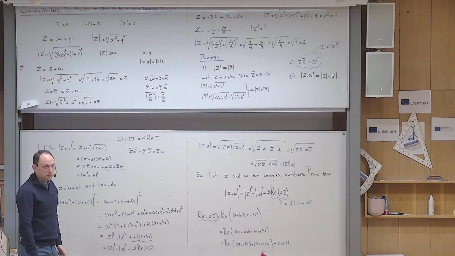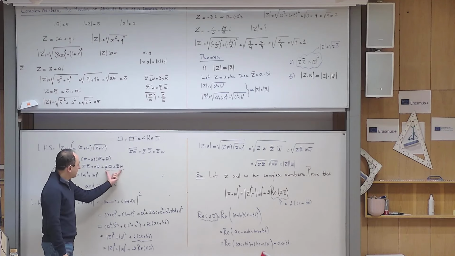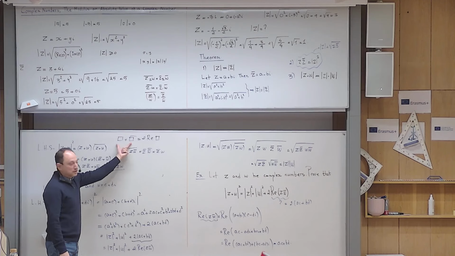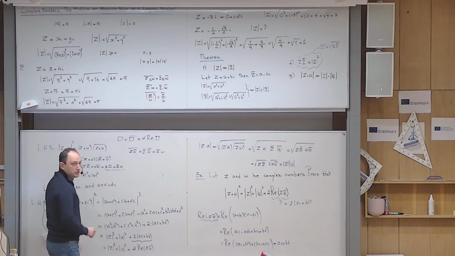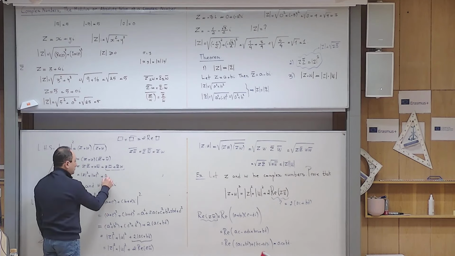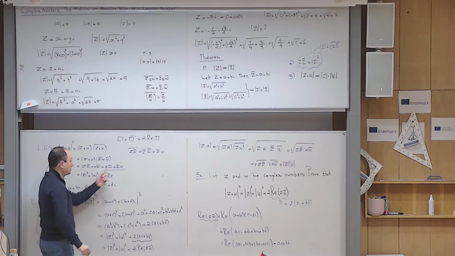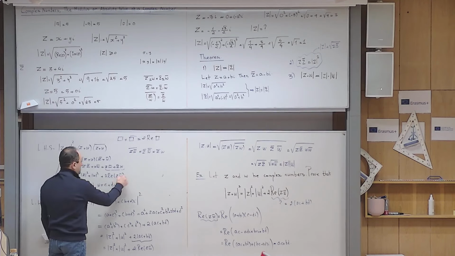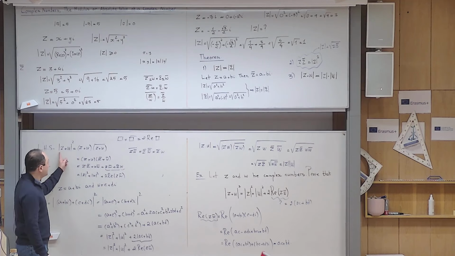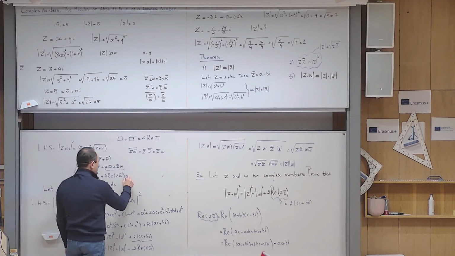Yes or no? So what can I write instead of this? I can write 2 times the real part of the box, and that's the end of the story. I started from here and I reached the right-hand side.